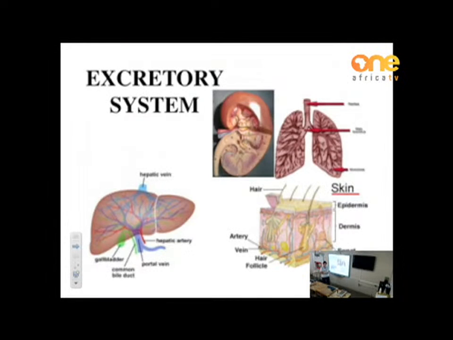The excretory system is not a new system. We did study the excretory system, and we started with the breathing. When we breathe out, if we look at excretion, we look at our breathing in and breathing out.